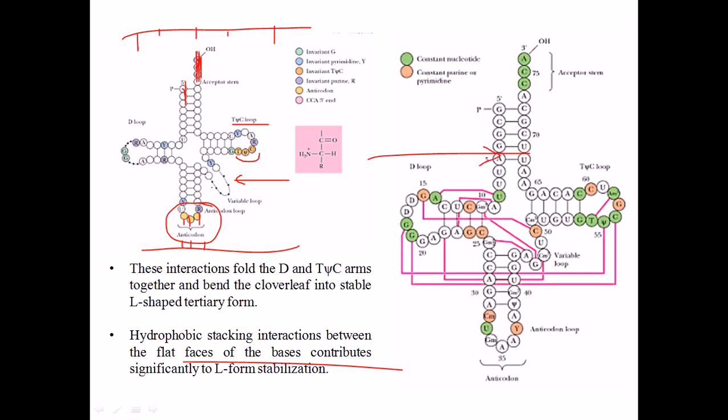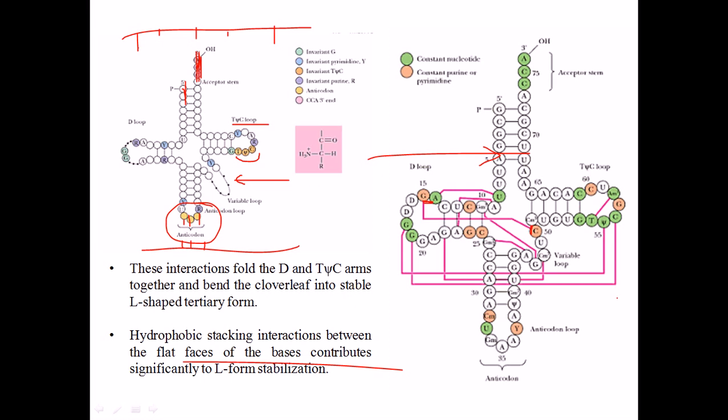This is the same picture denoting which part of this region interacts with which part. So this G of this D loop interacts with this C, which is found in the variable loop. Most of these interactions are carried out by the D loop and the T psi C loop. Just visualize that this D loop is coming out of this plane and interacting with this T loop to make a folded structure.